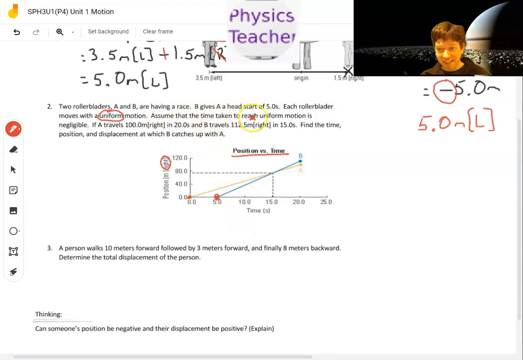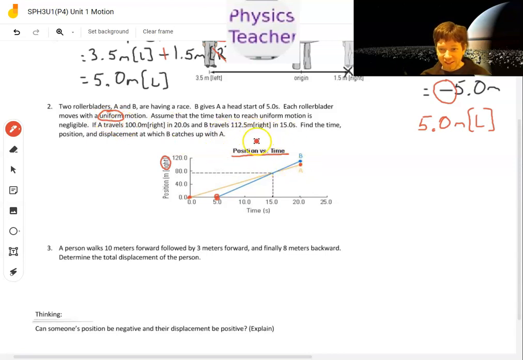Assume that the time taken to reach uniform motion is negligible. So what that means is, if you start running, it takes a certain amount of time to get up to speed. So we're just going to ignore that. If A travels 100 meters in 20 seconds, so at about 100 meters, which is here, at about 20 seconds, we just plot our second point and connect it to our first point in a straight line because it's uniform motion.